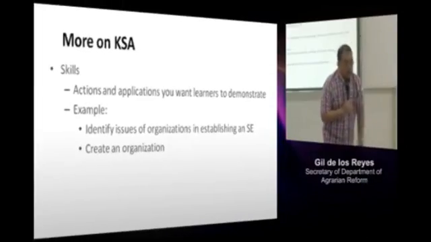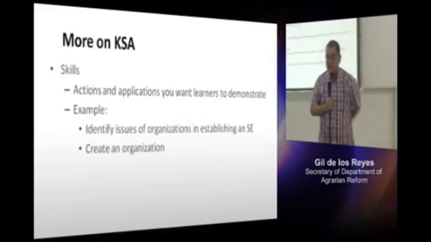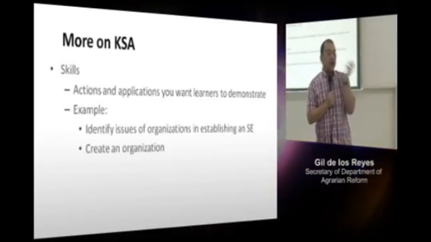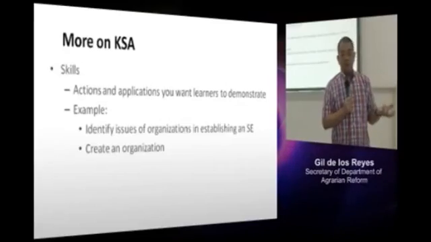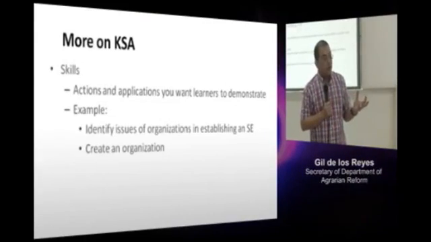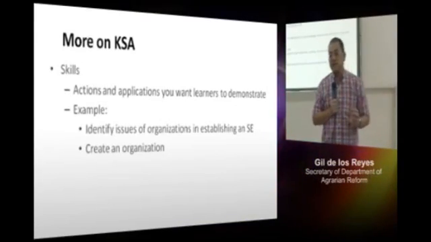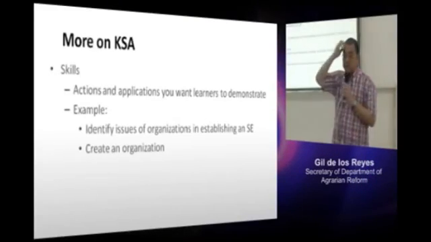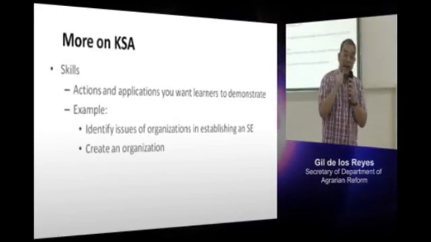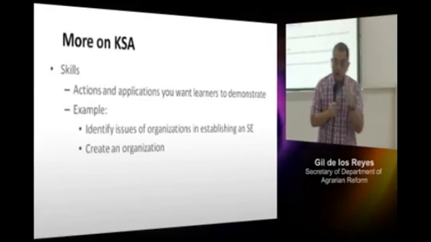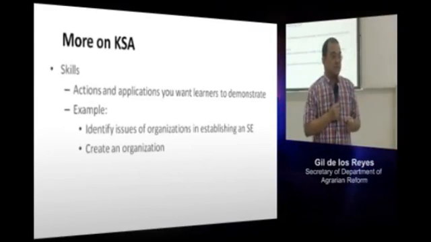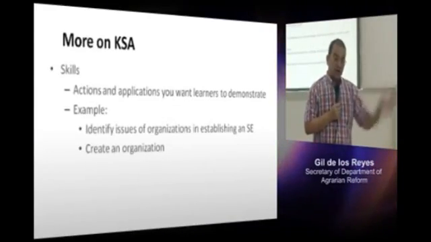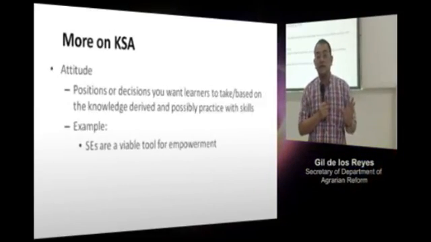I want them to have a chance at putting up a cooperative. I want them to put together for me an articles of incorporation of a farmers organization, based on the knowledge that they have, they can actually do it. I want to be able to assess that, assuming this were an entire course or an entire curriculum of social enterprise.